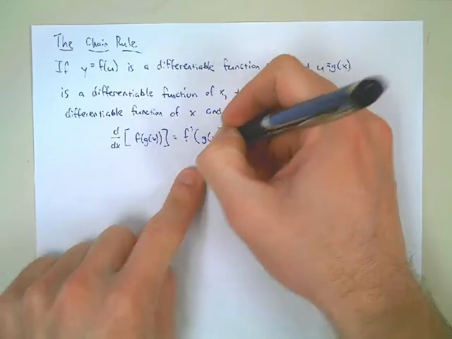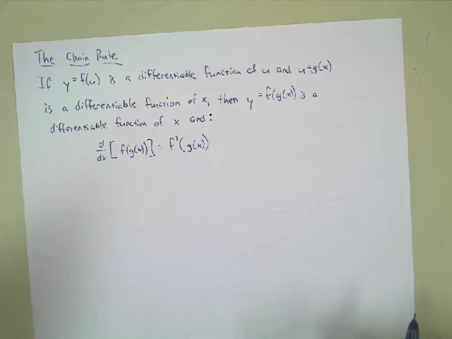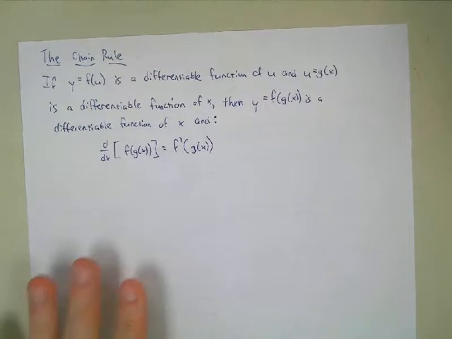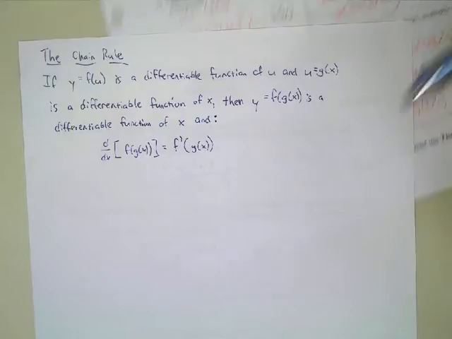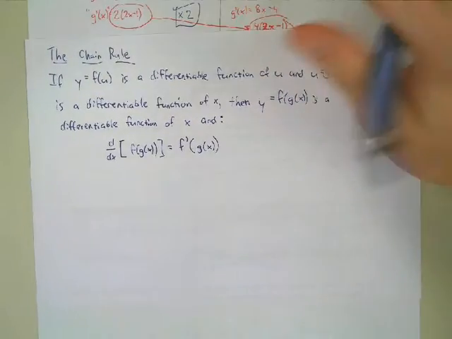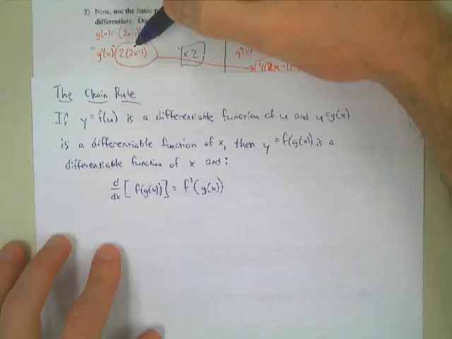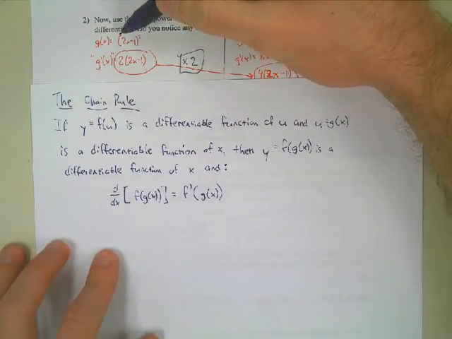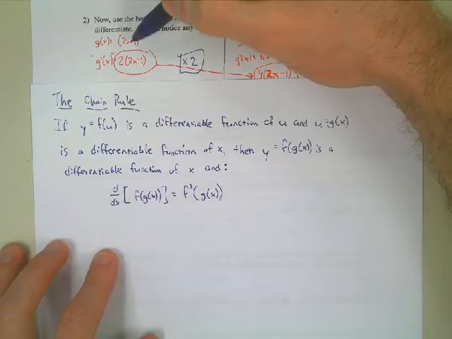alone. Okay, right? That's kind of like how we did it here, right? We took the outermost function here that was being squared, and it was like something squared. We took the derivative of that outermost layer. What's the derivative of something squared? 2 times that something to the first.